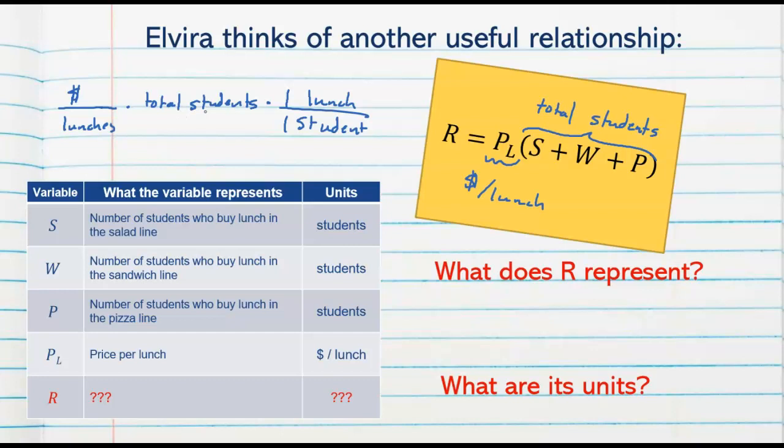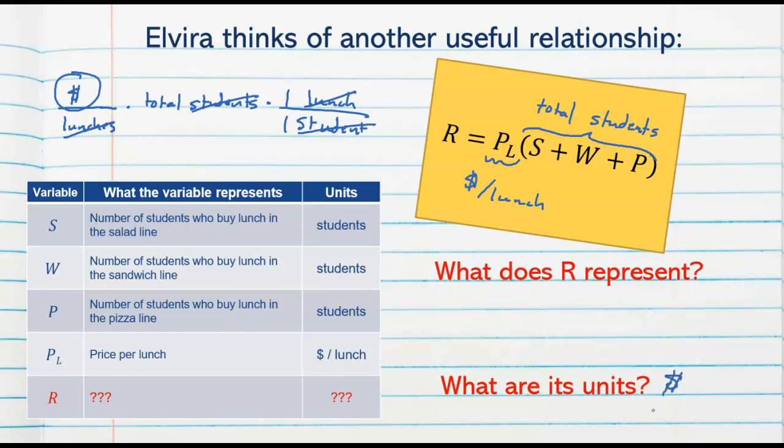So we use this ratio, one lunch per one student. And now, watch this, lunches cancel with lunches, students cancel with students, and we're just left with dollars.